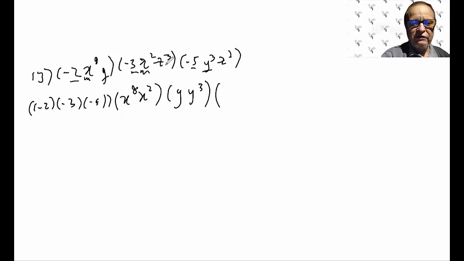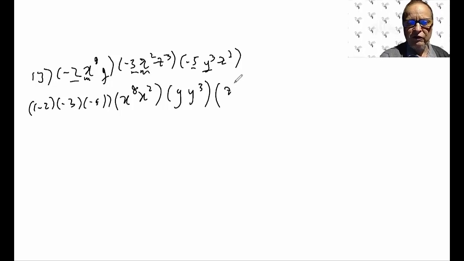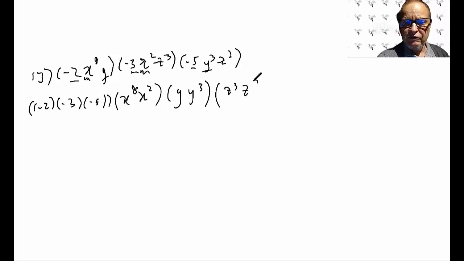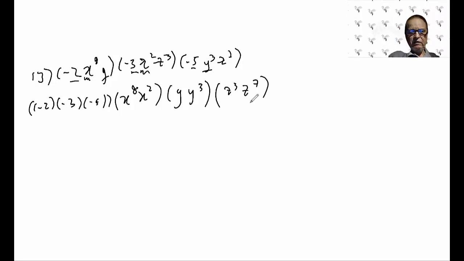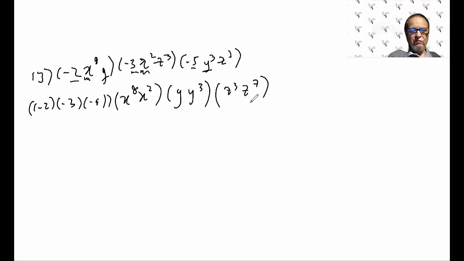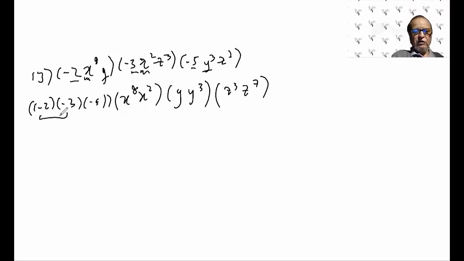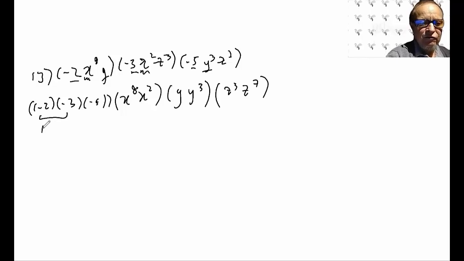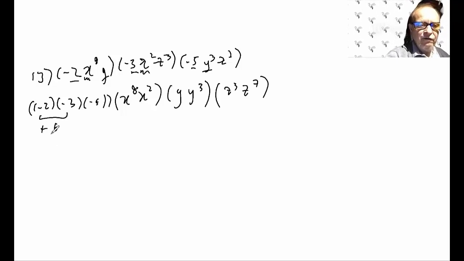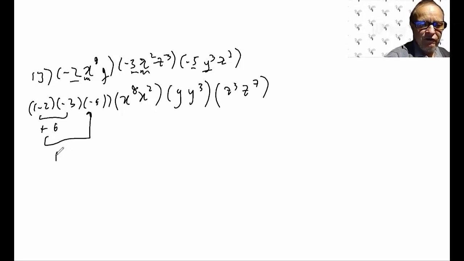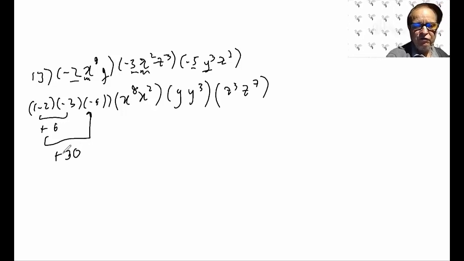I have no z's here, I have z cubed here, and I have z to the 7th here. So now I'll start to multiply. Well, here I have a negative 2 times a negative 3, and that will give me a positive 6. And then I have a positive 6 times a negative 5, and that'll give me a negative 30.